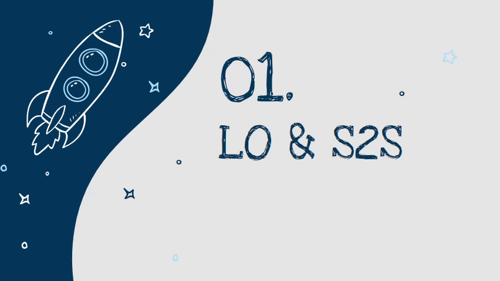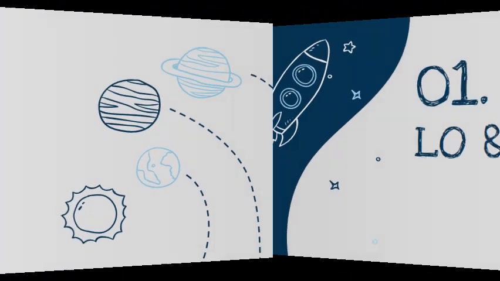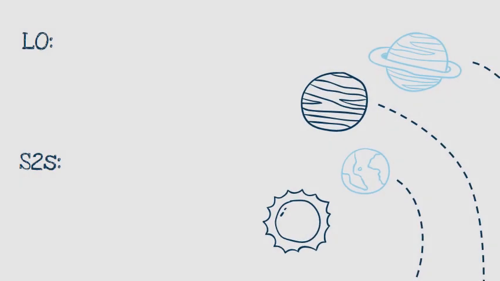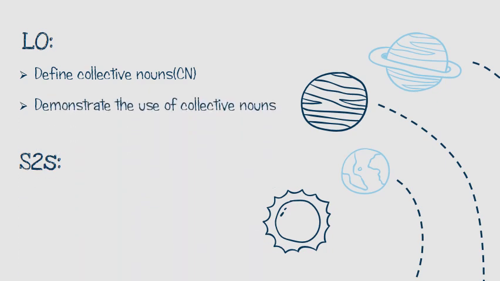Alright, so what are the lesson objective and the step to success? The objectives for these lessons are, at the end of this video, you will be able to define collective nouns or CN, and you will be able to demonstrate the use of collective nouns.